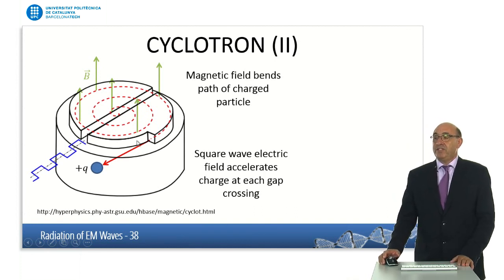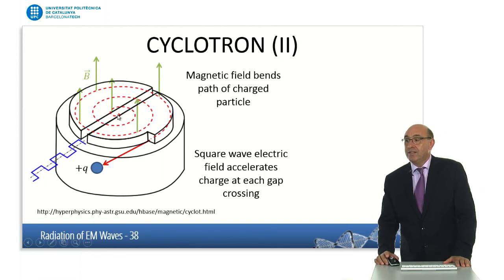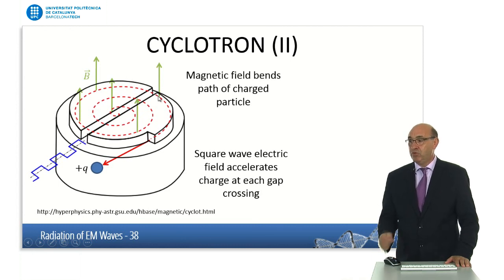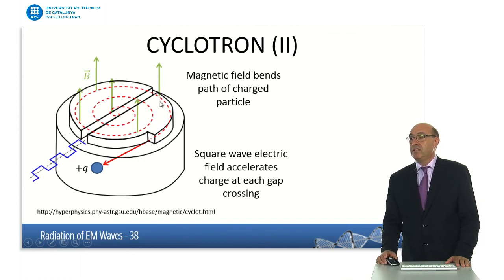This is a very clever scheme, and what makes it possible is the fact that the period is independent of the velocity. So although here the velocity is larger and larger, you can synchronize this waveform with the charge and have just something that keeps pushing the charge along this path, increasing constantly its velocity.